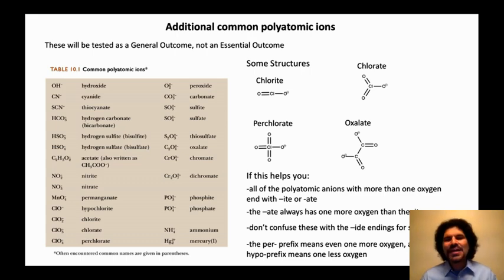And then finally, the per prefix means even 1 more oxygen. So you notice that chlorate has 3 oxygens and perchlorate has 4 oxygens. Per is kind of the prefix that means extra or the most. And then the hypo prefix means 1 less oxygen. So hypochlorite has one less oxygen than chlorite does.